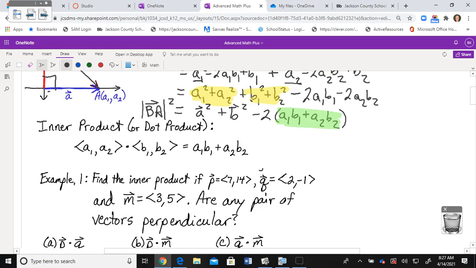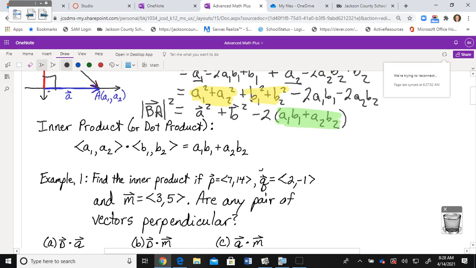Y'all see it? It's the Pythagorean theorem. So for this to be a right angle, the Pythagorean theorem has to work, right? Back in Coach Glover's class in geometry, if it's a right triangle, the Pythagorean theorem works. And if the Pythagorean theorem works, then it has to be a right triangle. They're converses of each other, okay?